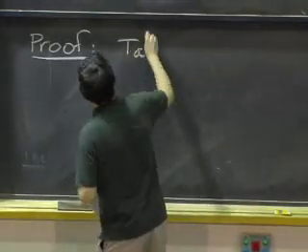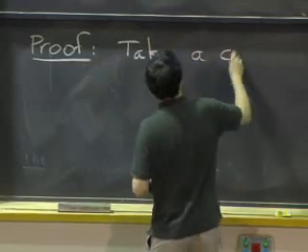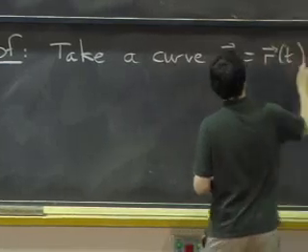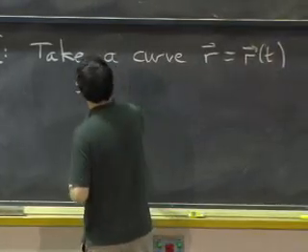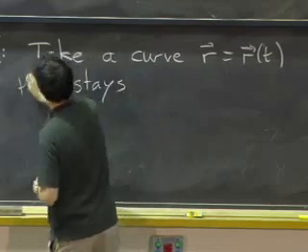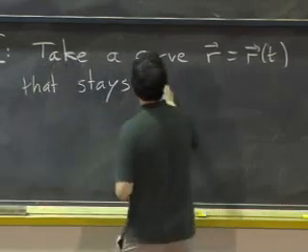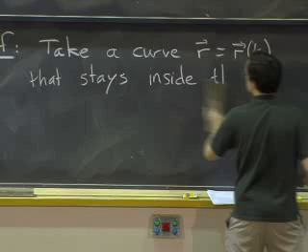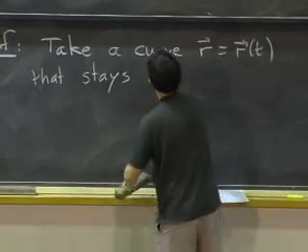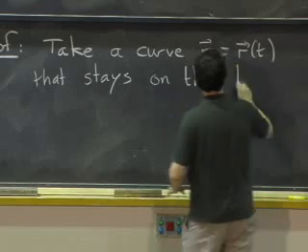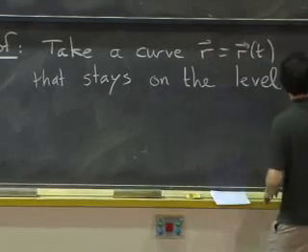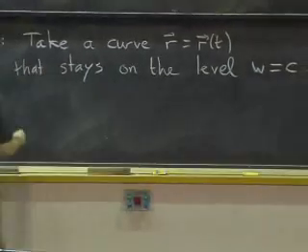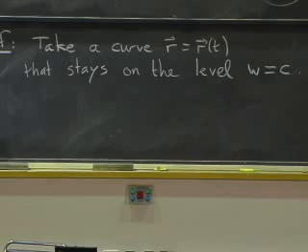So let's take a curve, r equals r of t, that stays on the level surface w equals c. Let's think about what that means.